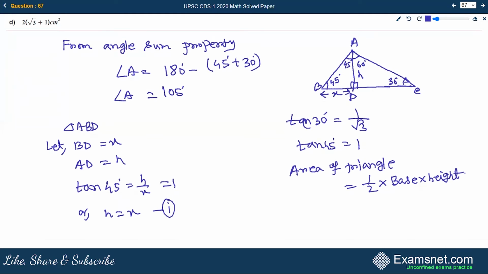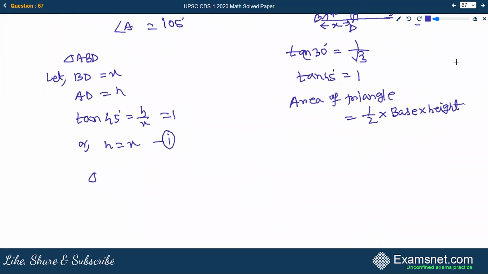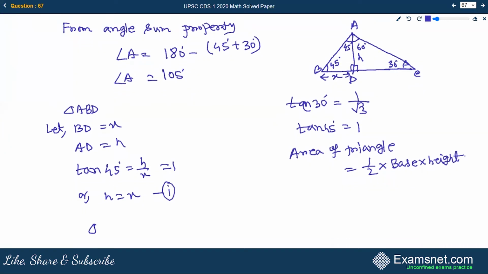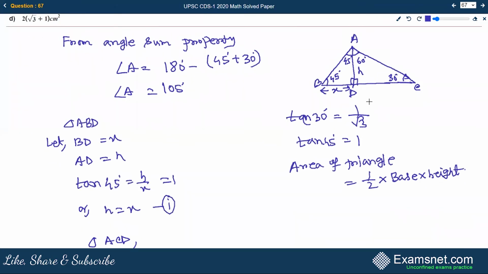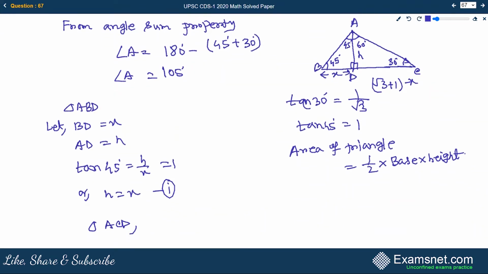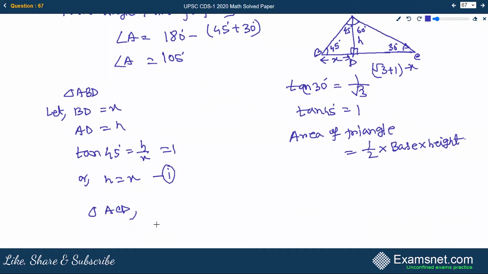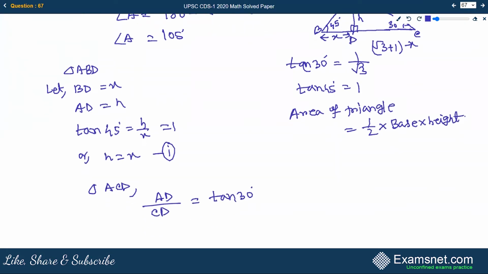And also in triangle ACD, since the total BC is root 3 plus 1, the length of CD is root 3 plus 1 minus x. So now we can write AD by CD equals tan 30 degree, that is h by (root 3 plus 1 minus x) equals 1 by root 3.